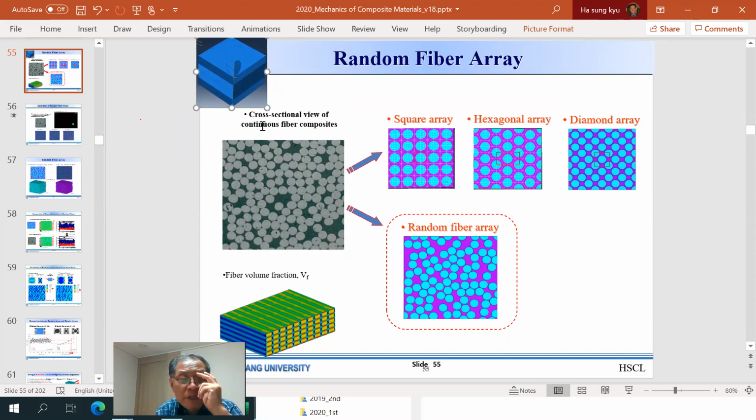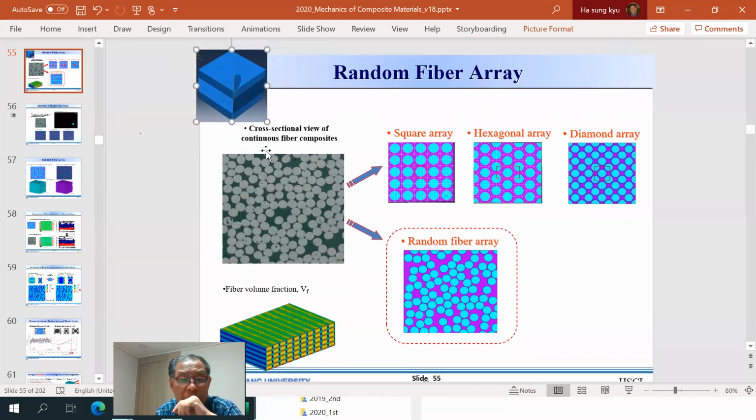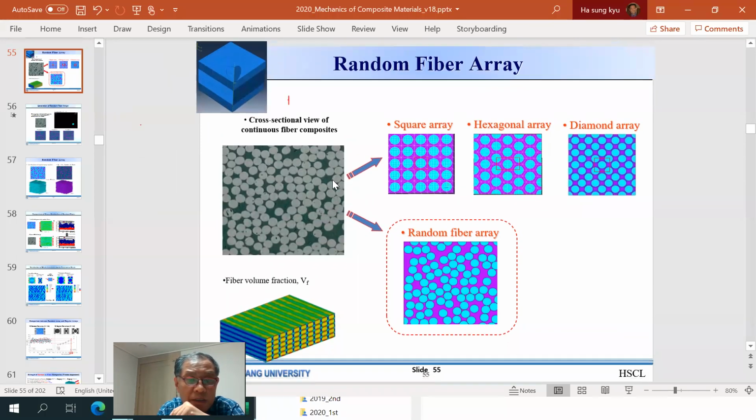So this is a cross-sectional view of continuous fiber composites, representing a certain stacking of several plies. Some fibers run like that, and some like that, and another one is this, and another one is like that. And this one represents, I would say here, the fiber running this way.